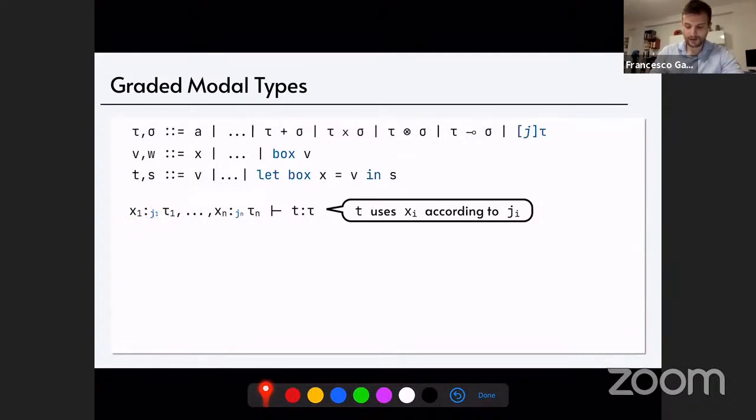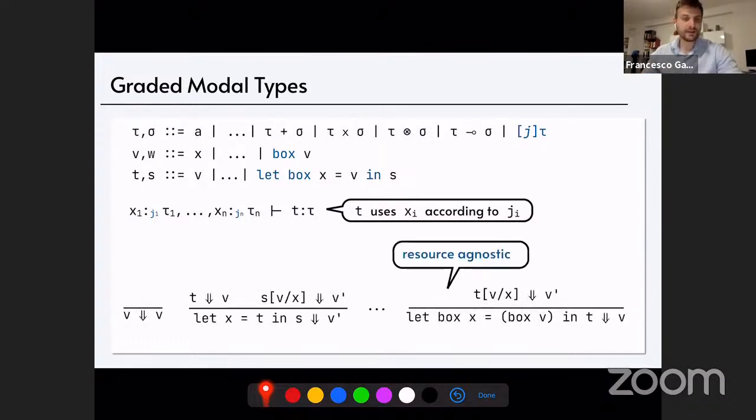So again, j1 is the element of the algebra that tells us how the program t uses the code. And using this typing judgment, if we regard this program here as a context, we know just by looking at the typing judgment how the context uses its input.